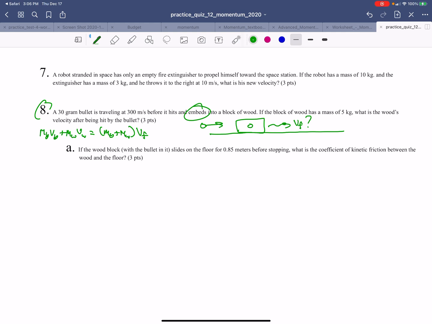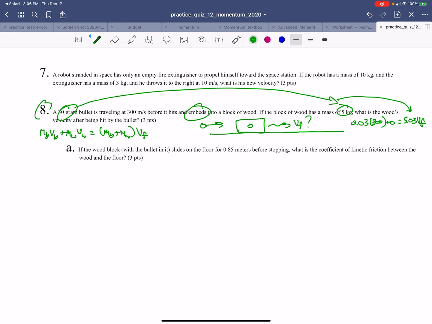So the mass of the bullet is 0.03 kilograms times 300 plus 0. That's the momentum of the wood. And that has to equal the combined mass, which is going to be 5.03. It's this plus this is this. I'm just running out of space.